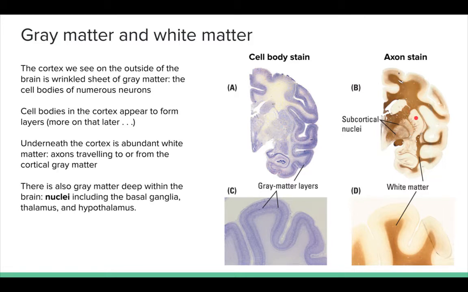These are two gray matter nuclei that are beneath the surface of the cortex and located deep in the brain, and we can identify them on the basis of the fact that they are not being stained with this axon stain. And you can see them here in the cell body stain too, although to my eye at least they seem to stand out much more over here.